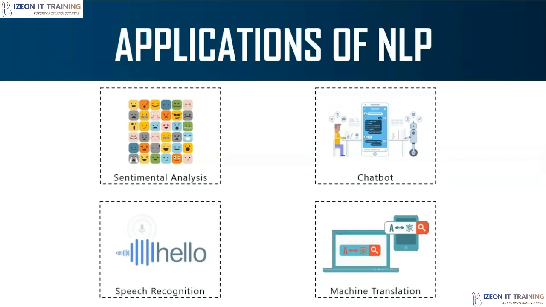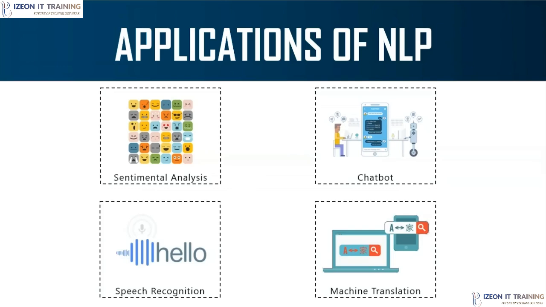So basically, sentimental analysis is used to understand the public's opinion or customers' opinion on a certain product or on a certain topic. Sentimental analysis is actually a very huge part of a lot of social media platforms like Twitter, Facebook. They use sentimental analysis very frequently.